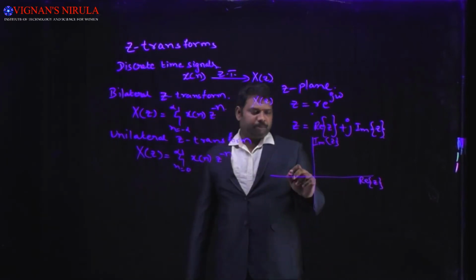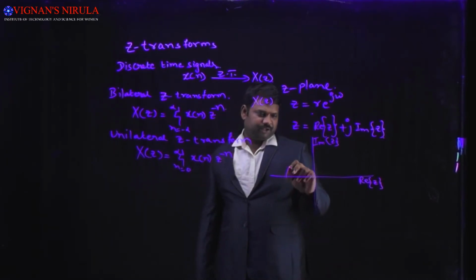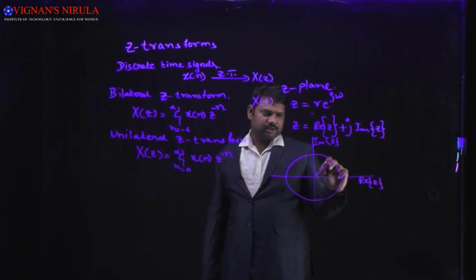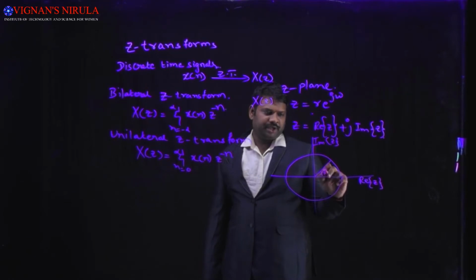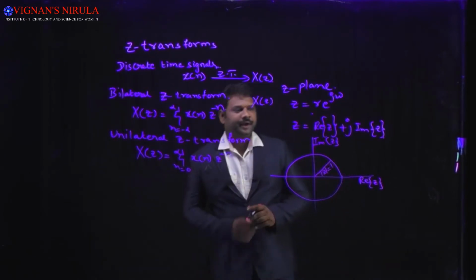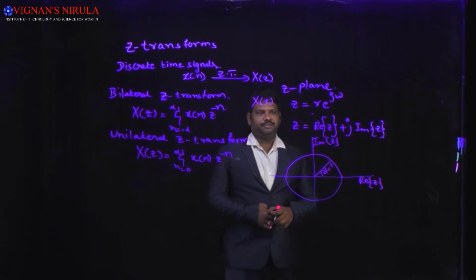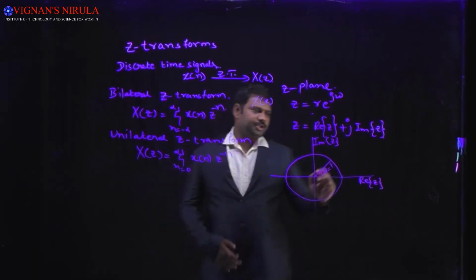Then this z plane will be represented with reference to one particular circle called the unit circle, that is mod z equal to 1.